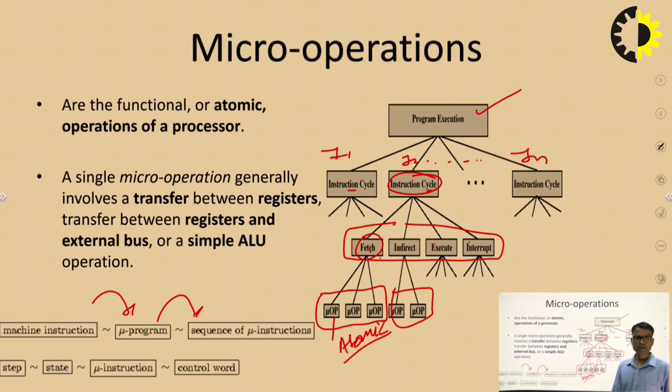Okay, so you can see there will be many atomic operations that will be executed at the lowest level of the hierarchy in this tree structure, and when they all execute, it will complete one instruction. Likewise, for every instruction there will be the same lowest level of atomic execution of micro operations that will happen in the computer.